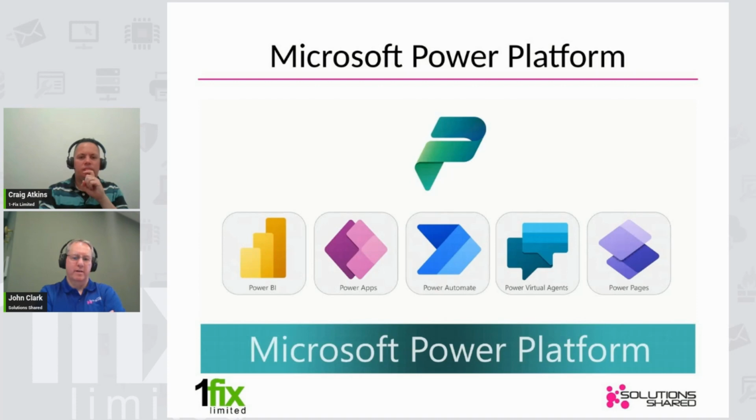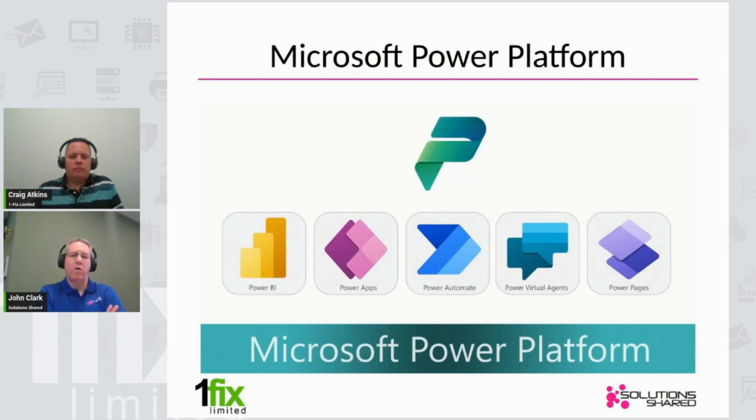But do you want to just give us a quick overview of what Power Apps are for the people that are joining us and don't know anything about them at all? Yeah, so I've got this slide here. Microsoft has this concept called the Microsoft Power Platform. You might or might not have heard of it. It's a number of components that they've stuck the word power in front of. So on this slide, there's Power BI, which is about reporting, Power Apps, which is about making your own custom business applications.